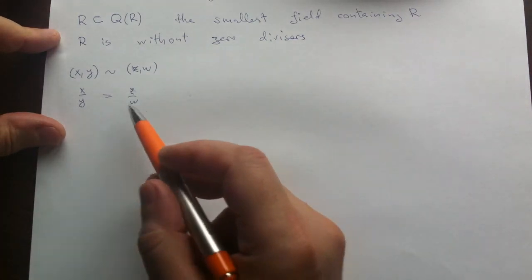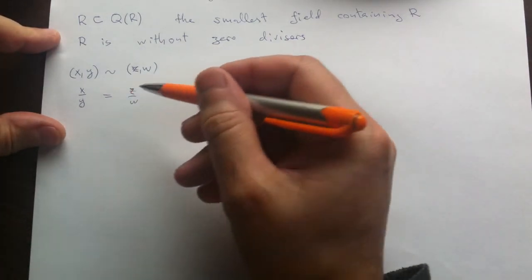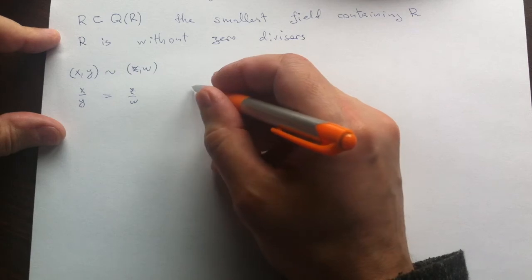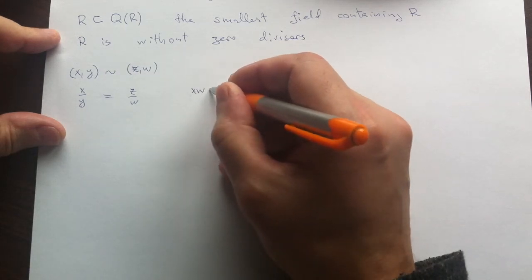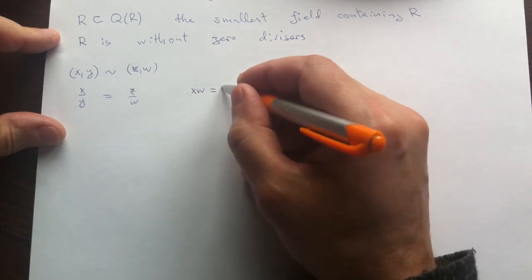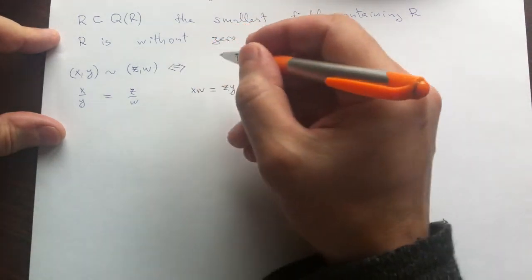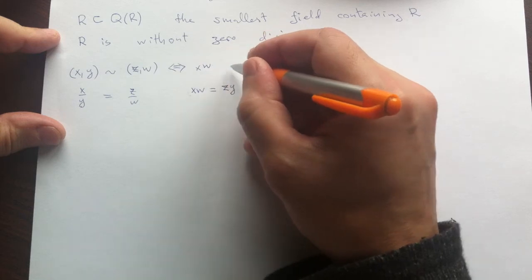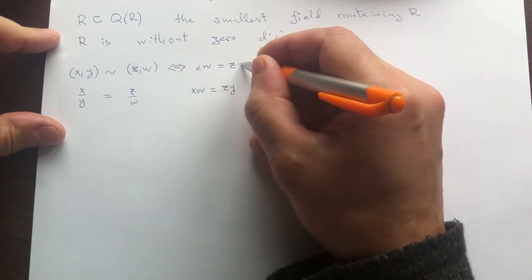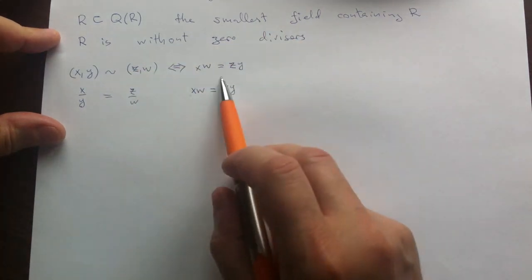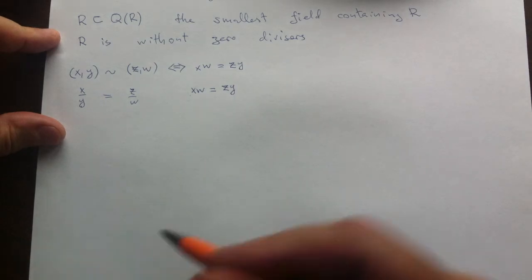Well, of course, we know how to deal with that. We can translate this equation of rational numbers into an equation of integers. xw will have to be the same as zy. So that is the definition here. The relation is defined if and only if we have this equation true.